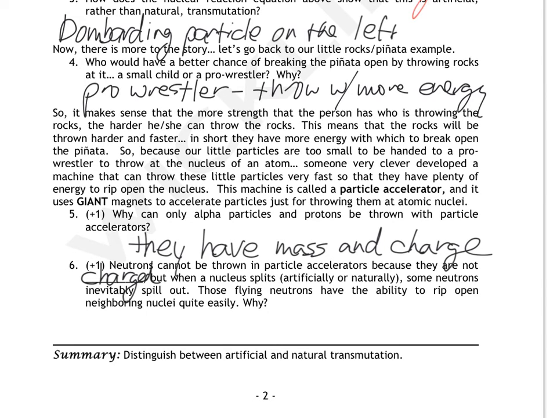The advantage that neutrons have that makes it really easy for them to split open nuclei is that they have mass, but they don't have charge. And that lack of charge means that they can't be used in a particle accelerator, but if they are flying around anyway because of artificial or natural transmutation, then those neutrons are easy. It's easy for them to penetrate the nucleus since they have no charge and the nucleus would not be able to repel them.